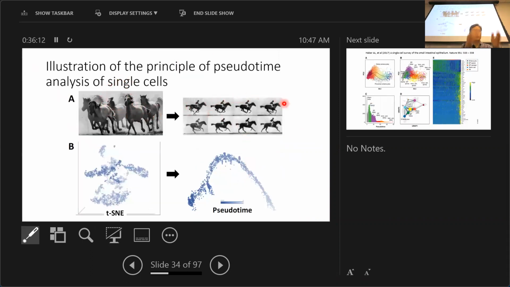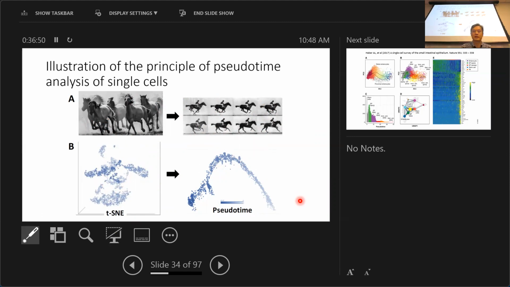If you don't have a video camera to capture the movie of the movement of a horse, but you want to study the position or movement of its gait, you can take a picture of a lot of horses, a group, and then realign them, and probably you can reconstruct the movement. It's the same idea with time series data. If you have a t-SNE plot, but you transform it into this elongated trajectory shape, you may get some signal out of it.